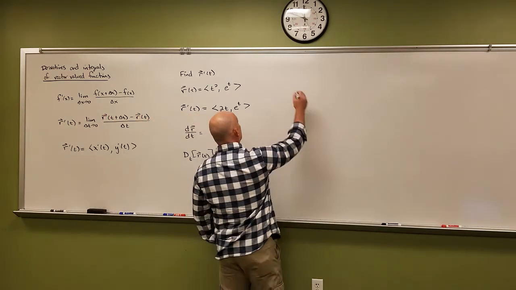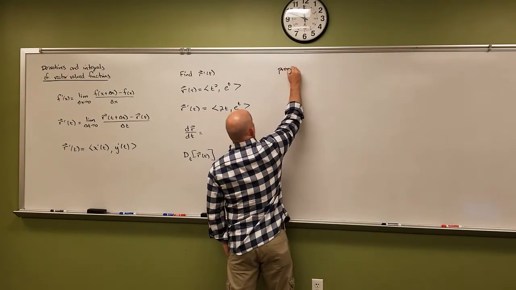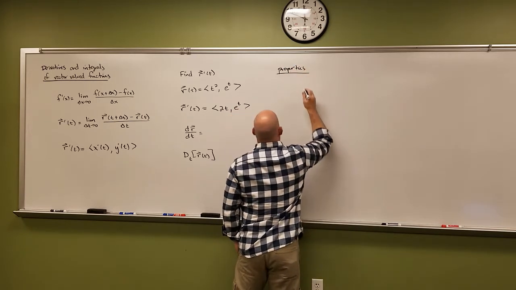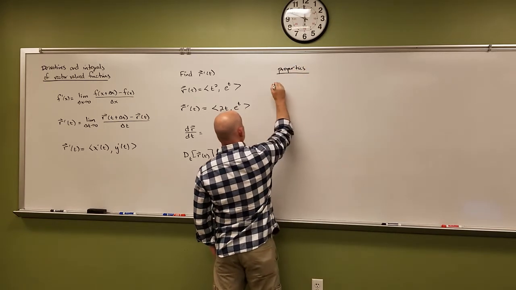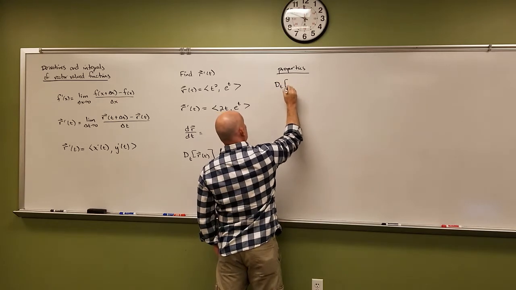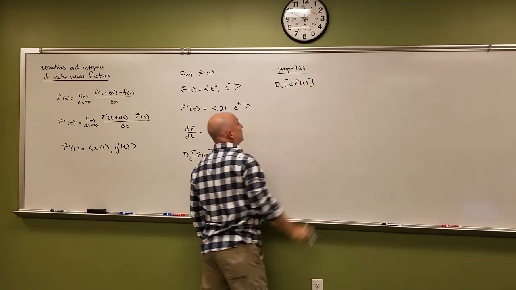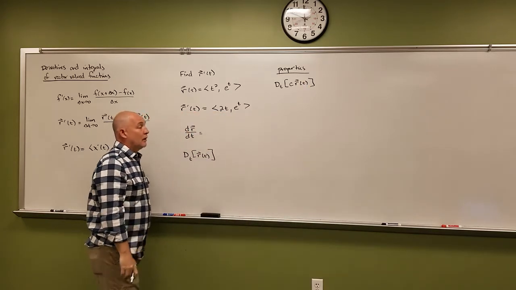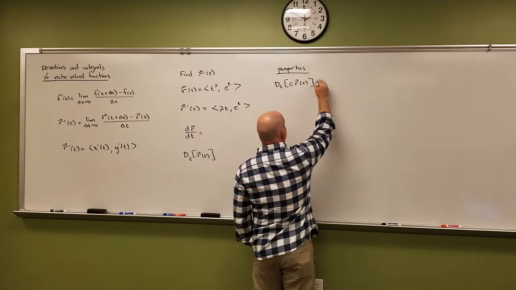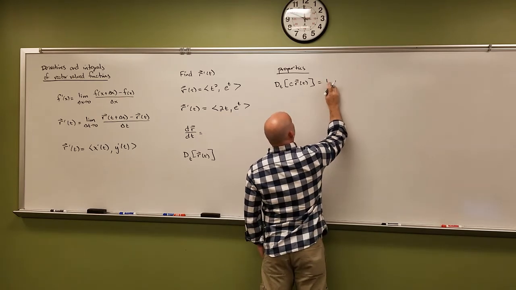Let's take a look at just a couple of properties. I'm going to use this notation because I believe that's what he uses in the book, just so you get used to saying it. What happens if you take the derivative of a constant times a vector? Well, like always, since it is a derivative, that constant can come out front.